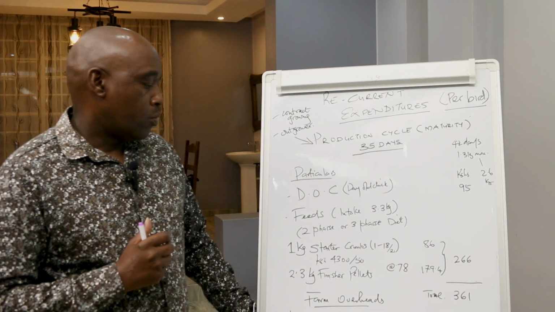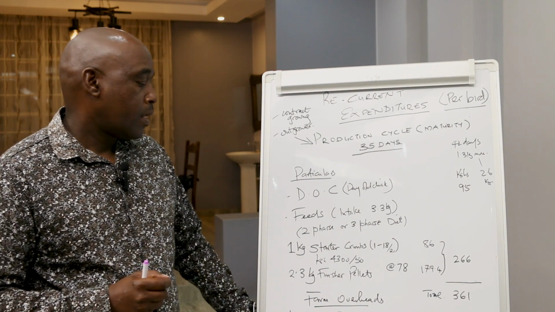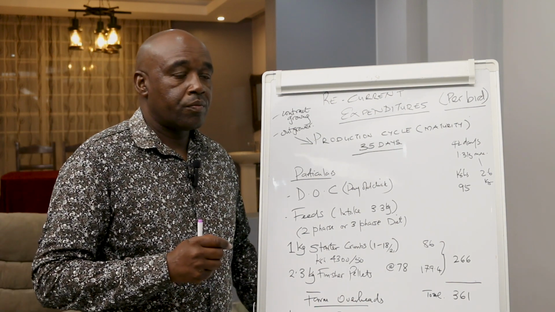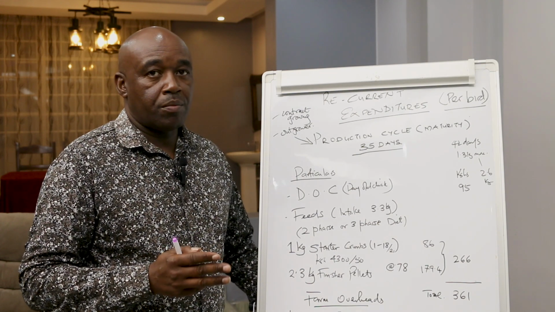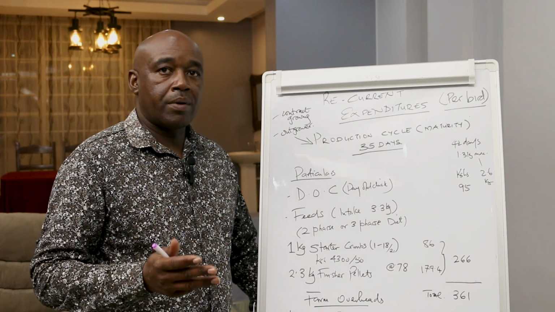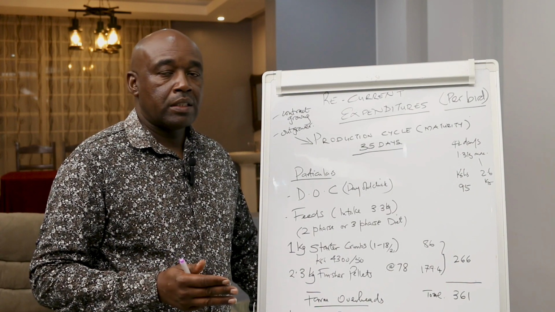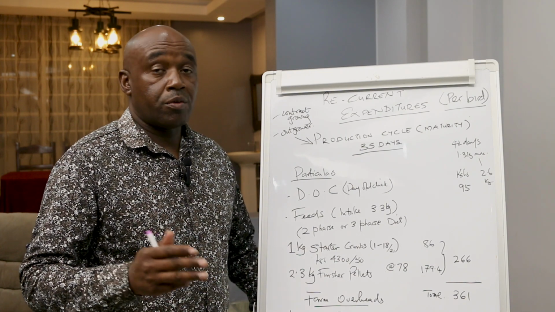Now, in our local market here in Kenya, the price of a 50 kg bag on average is about 4,300. Now we have different companies or different millers producing the same kind of diet, but with different prices.